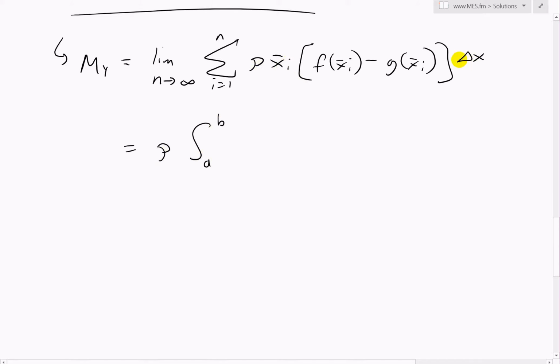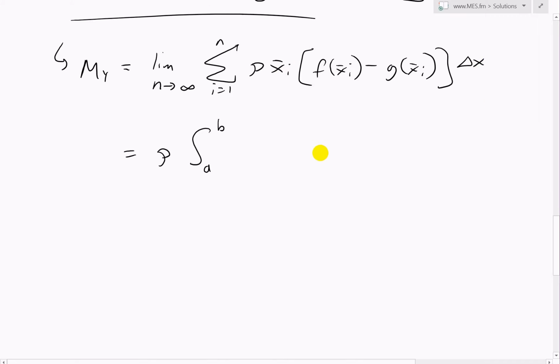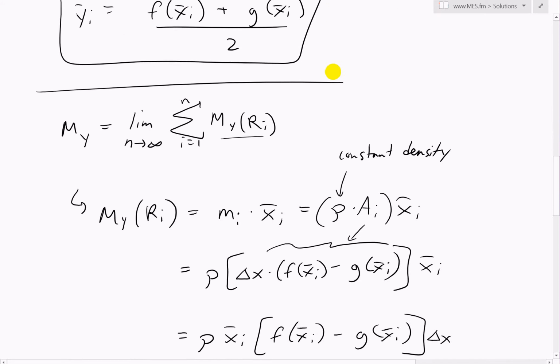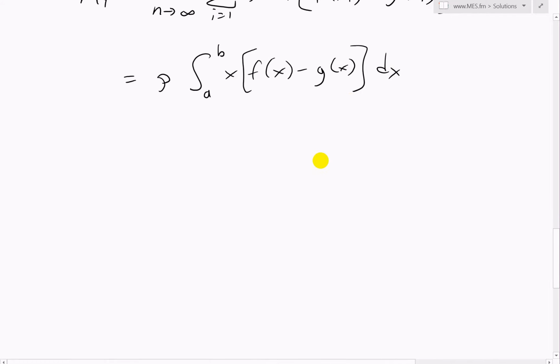When we're taking an infinitely small subsection of delta x, this x_i is going to coincide with this point here, which is x_i, and this is x_i minus 1. So it's going to coincide, and we're going to call it just x, because it's super, super small. So x, and then this is all f of x, put this bracket, minus g of x, and then dx for infinitely small delta x. So that's what our moment about the y-axis is.